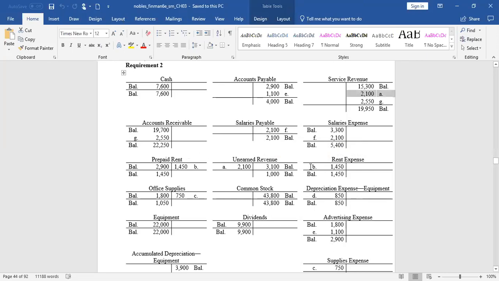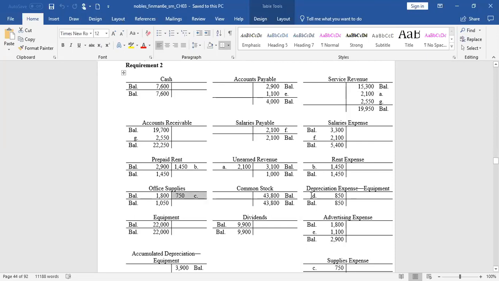For B, on the debit side of rent expense, $1,450. On the credit side of prepaid rents, $1,450. In C, there it is. On the debit side of supplies expense, $750. On the credit side of the supplies account, $750.